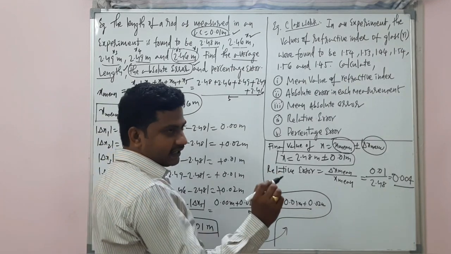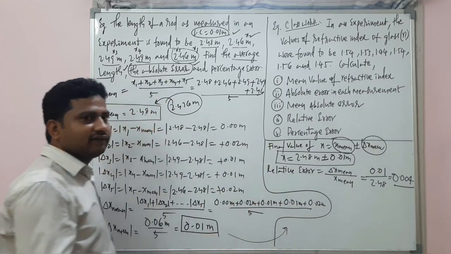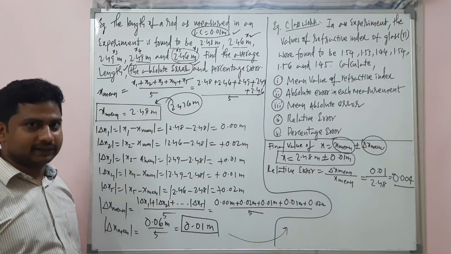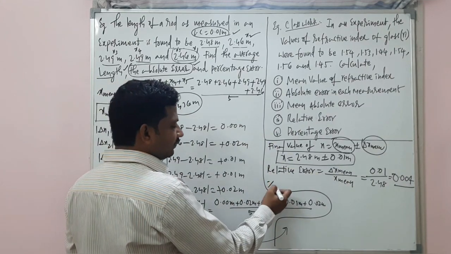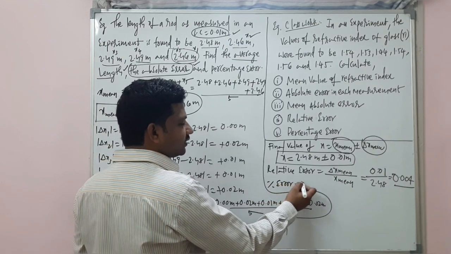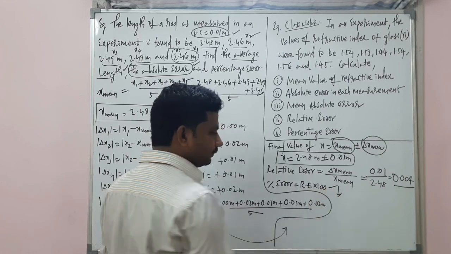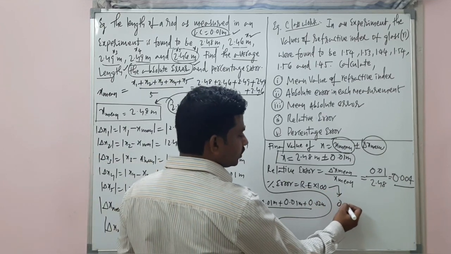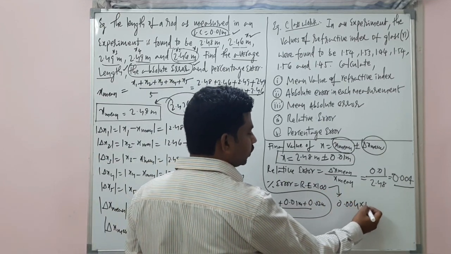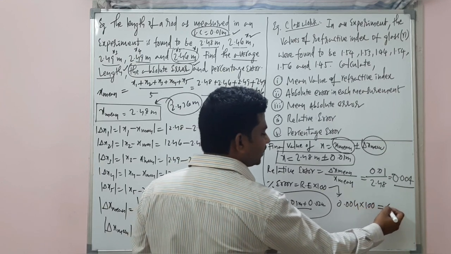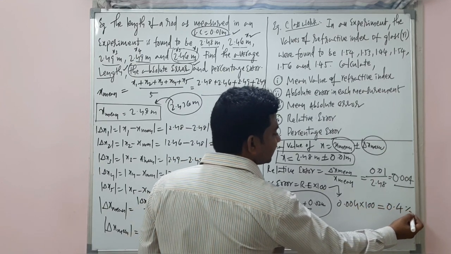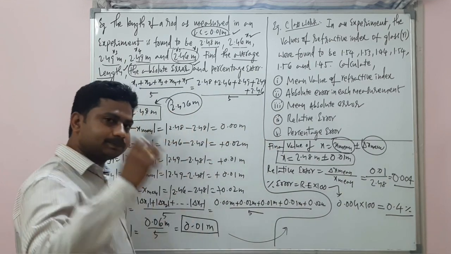Relative error is done. So the question is not about relative error, the question is about percentage error. And it's so simple, the percentage error is equal to relative error into 100. So simple. What is your relative error? 0.004 into 100. So I can say it is 0.4 percent. That is called the percentage error.